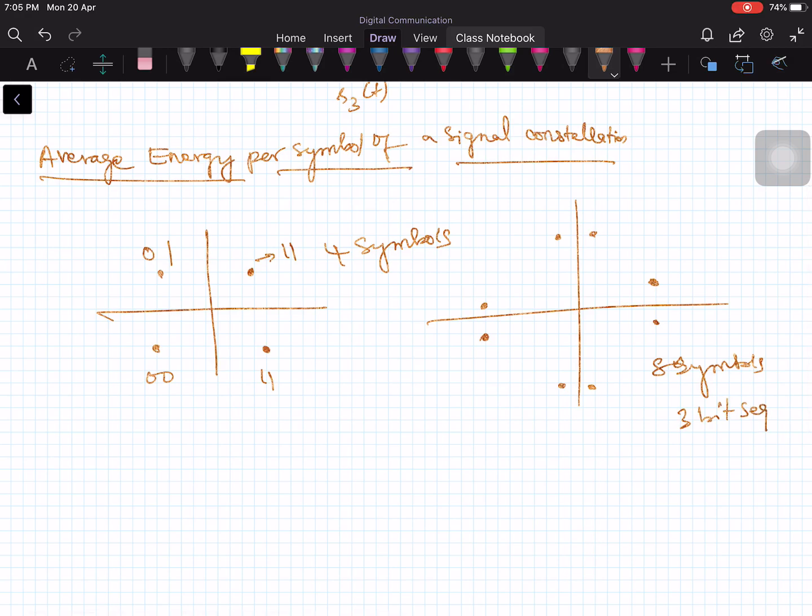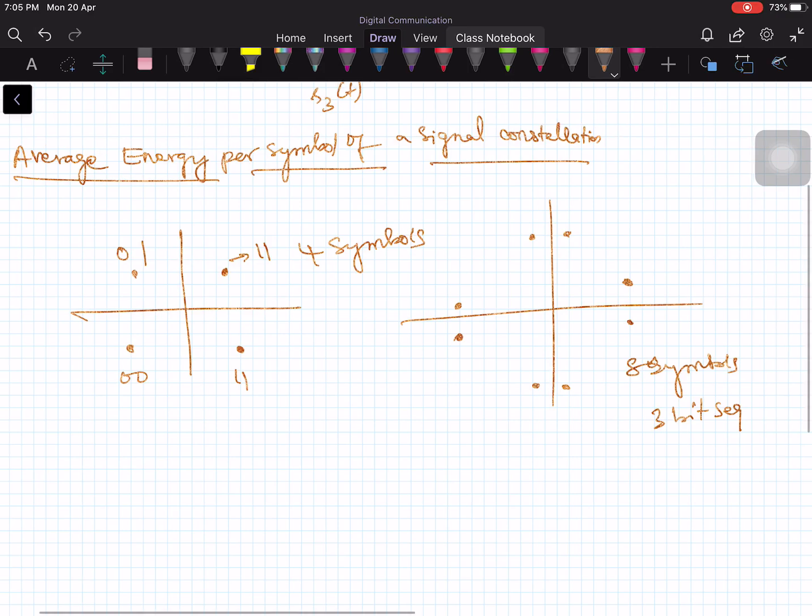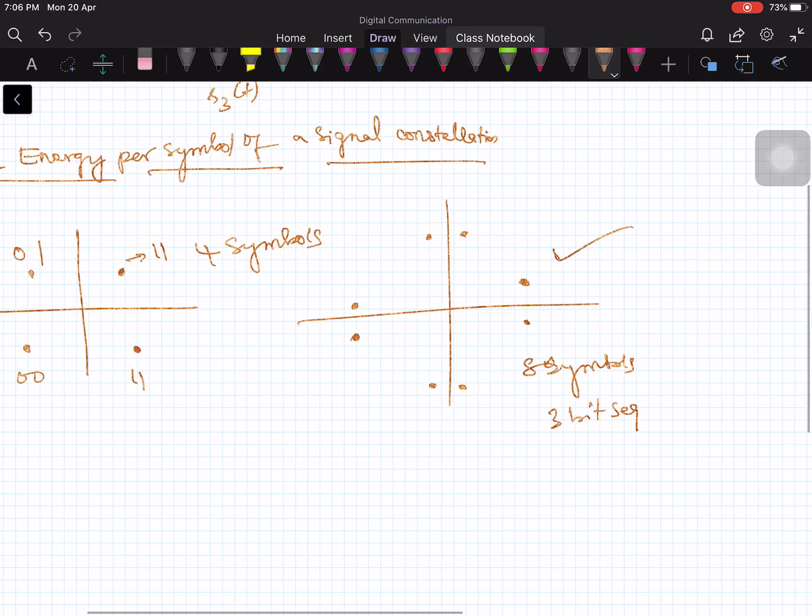Now, what is the average energy per symbol associated with this constellation? Different symbols have different energies. Let me take this one, it is best to explain. This symbol will take some amount of energy and this symbol will take some other amount of energy. Let me redraw this for one second.